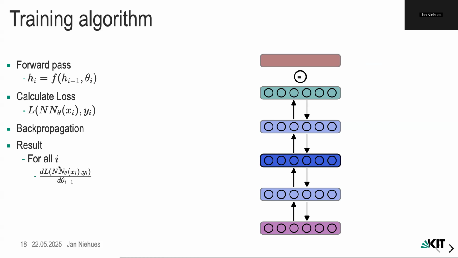So for the top layer, you've done that, for the second, and so on until the first layer. For each layer, you have calculated the derivative of the loss function with respect to this parameter, so that you can then use this information to update each of the parameters. So even for this lowest layer here, you know in which direction you have to change it in order to change the overall thing up there.